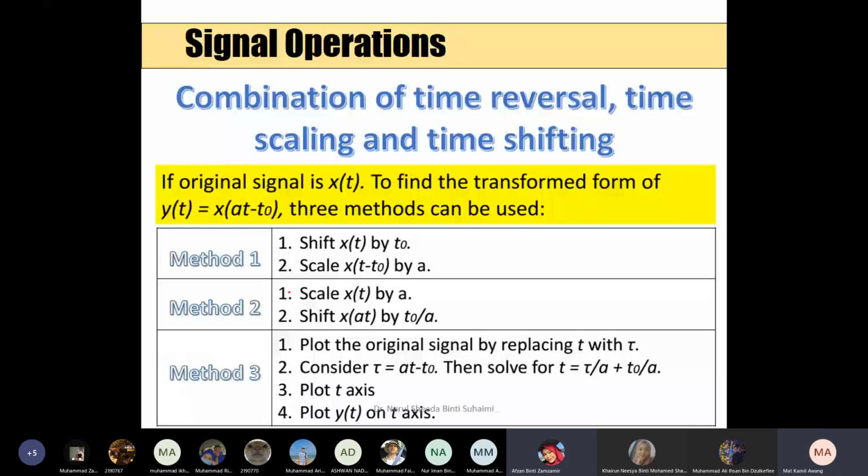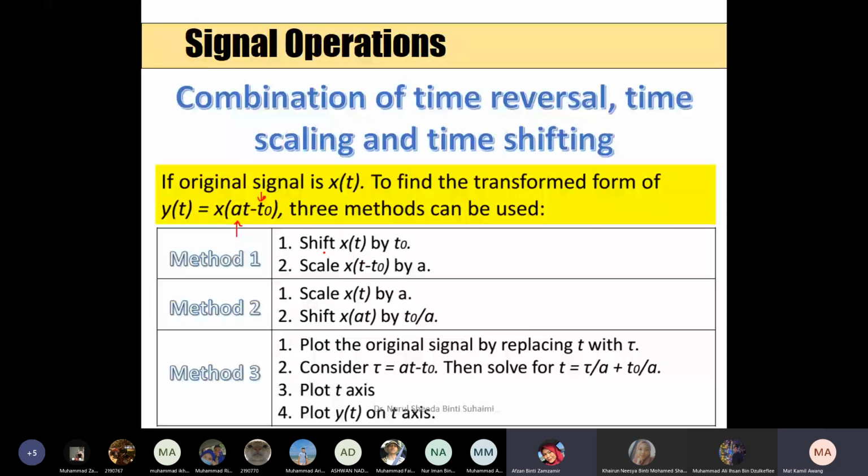This is actually a combination of time shifting and time scaling, and also time reversal if a is a negative number. Clear? If a is a negative number, it's a time reversal.